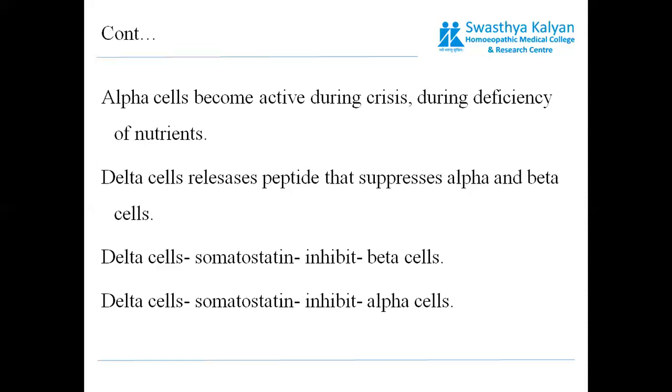So when delta cells become active, they suppress the production of the alpha cells also. So D cells produce somatostatin, which inhibits the beta cells as well as the alpha cells.